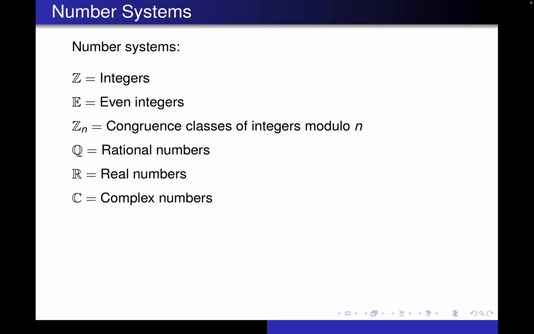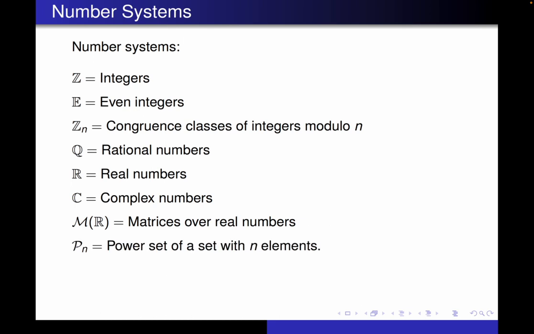Those were the first ones, well, actually, along with Zn, that we couldn't apply the order axioms to. And then the matrices over the real numbers, those were the first ones we looked at that didn't have a commutative multiplication. And then the weirdest one probably we looked at was the power set of a set with n elements, Pn.